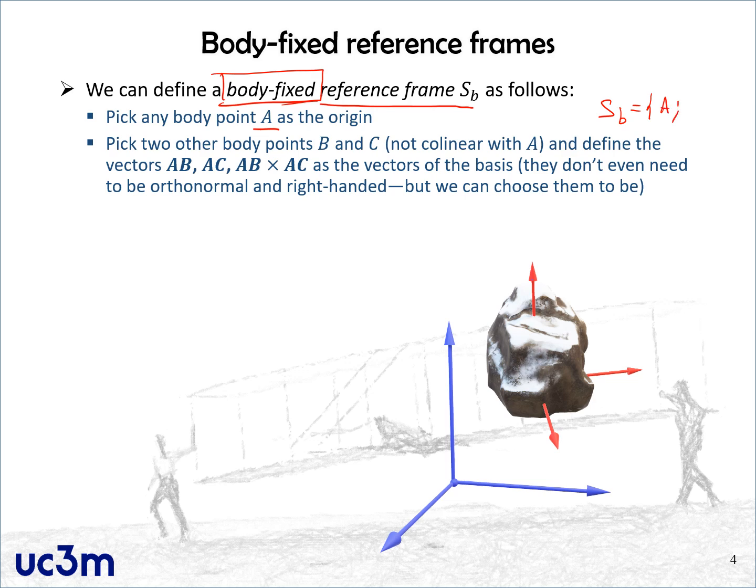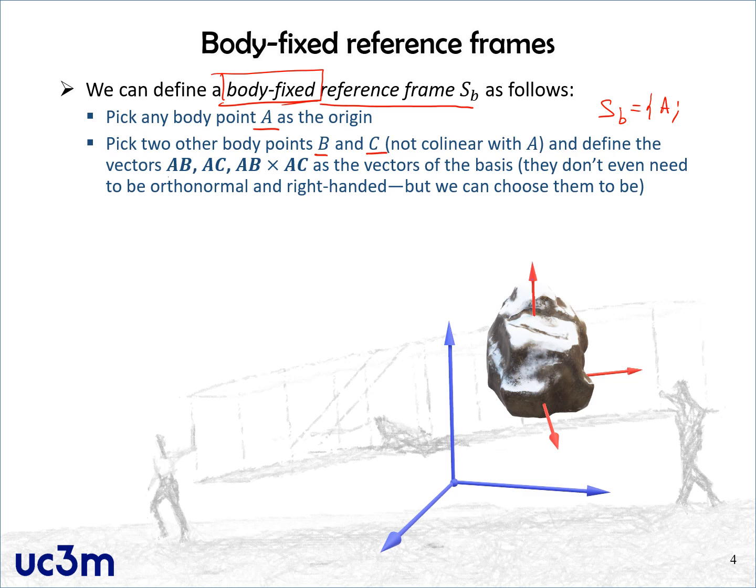In the drawing that you have on the bottom side of the slide, this point is not visible because it's an internal point of the rock. Then let us pick 2 other points of the rigid body, B and C. Again, they can be any 2 points. The only condition is that they cannot be collinear with A. So in other words, they cannot fall into the same line.